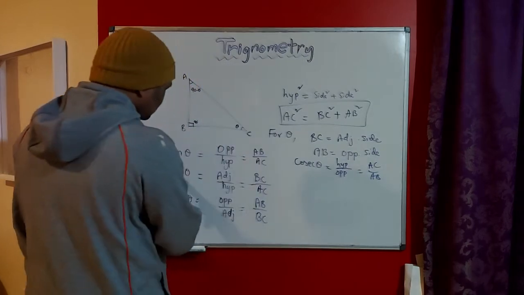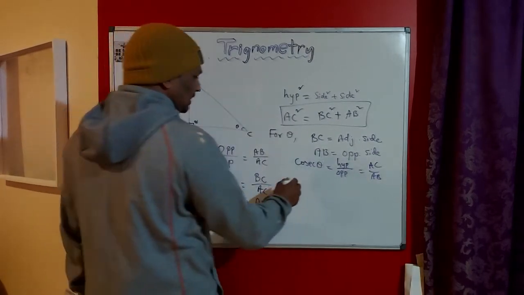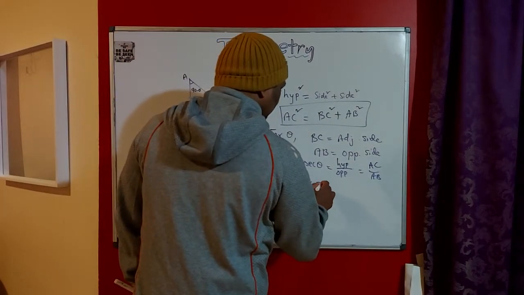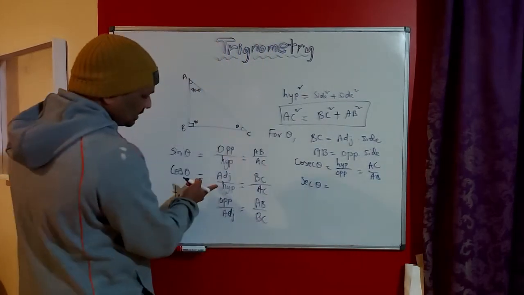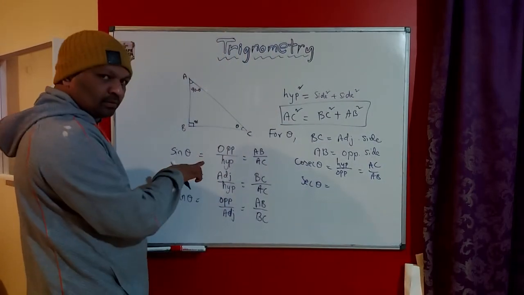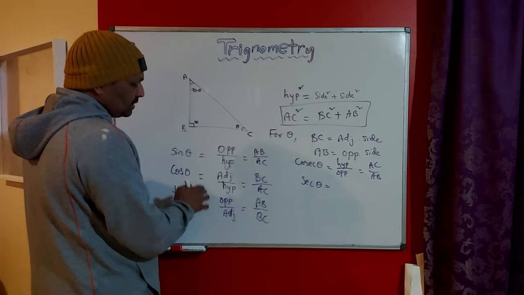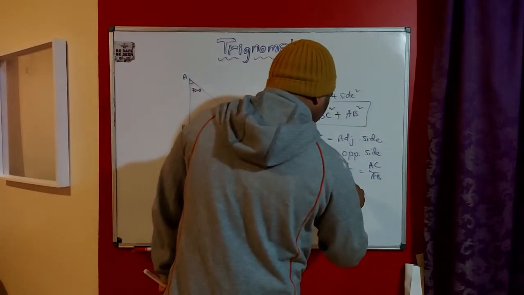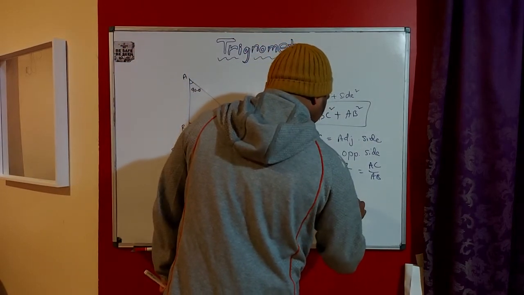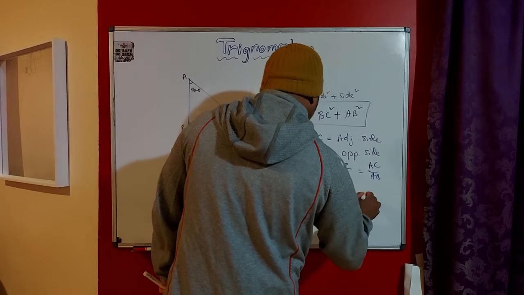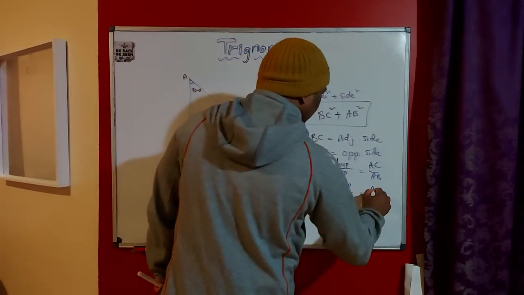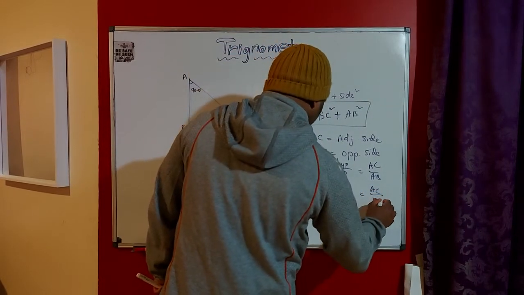Similarly, for cos, the reciprocal is sec theta. What is the reciprocal? Hype by edge, ADJ. That is equal to AC by BC.